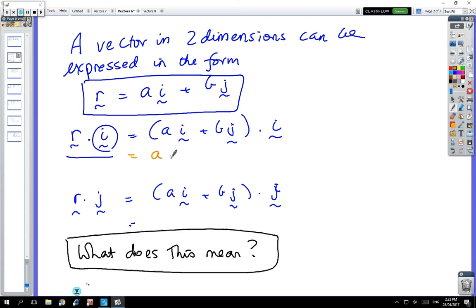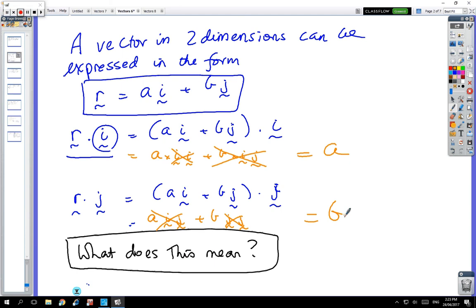So I've got a times i dot i plus b times j dot i, and again j dot i equals 0, i dot i equals 1, so we just end up with a. And similarly we've got a times i dot j, which is going to go away, plus b times j dot j, which is 1, which is b. And so what does this mean?